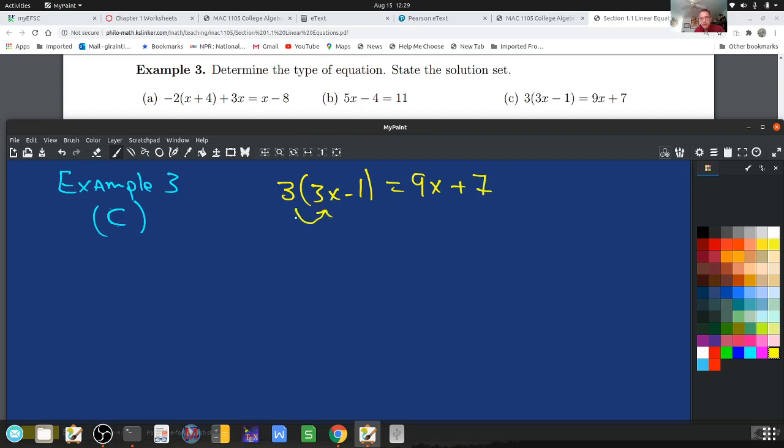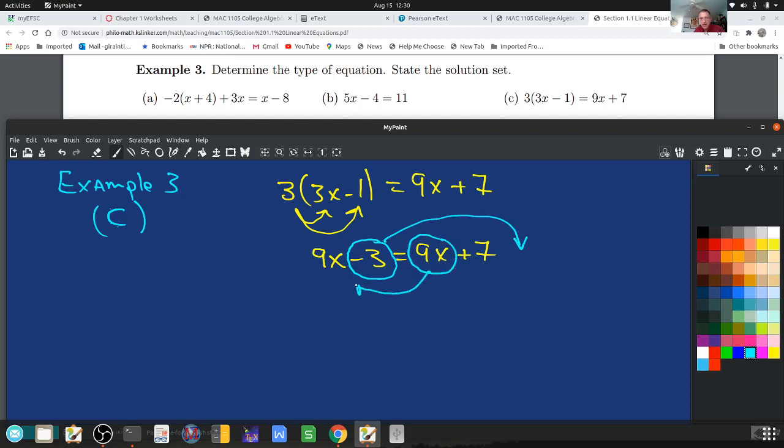Use distribution. So 3 times 3x is 9x. 3 times minus 1 is minus 3. So here you can choose to do this in 2 steps or 1 step. But I want to move my minus 3 over here and my 9x over there. That gives me my variable terms on one side and my constant terms on the other.